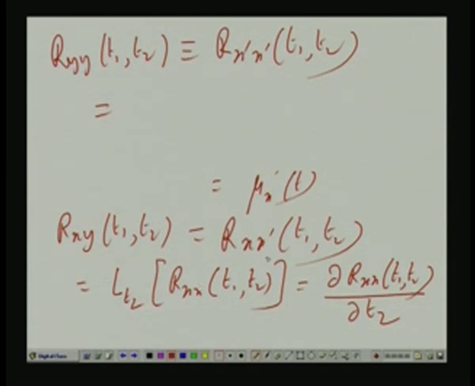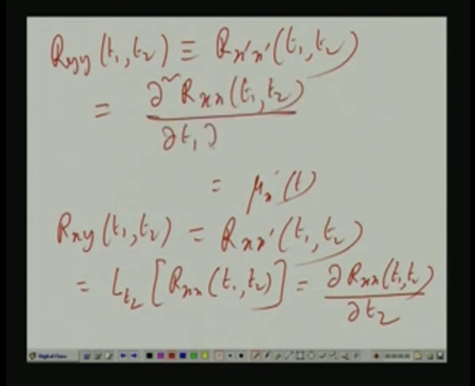I mean, R x x of t1, t2 will be passed into the system first as a function of t2, then the output will be passed through the system as a function of t1, or vice versa, as you have seen. If you do that, it will obviously give rise to a double derivative, first with respect to t1, then with respect to t2. Order does not matter; it can be first del t1 and then del t2, or vice versa.